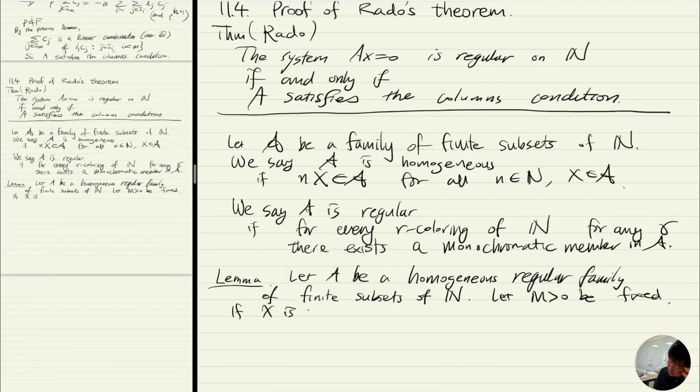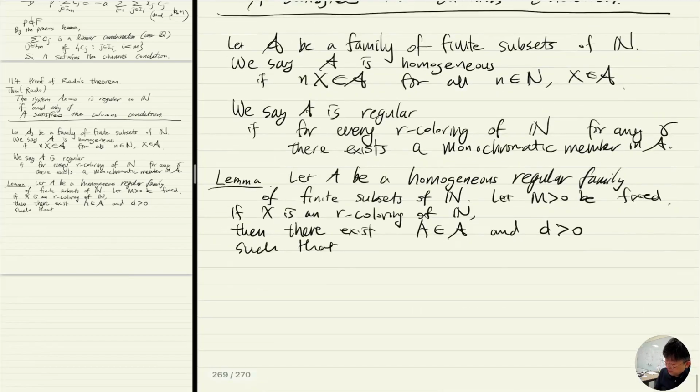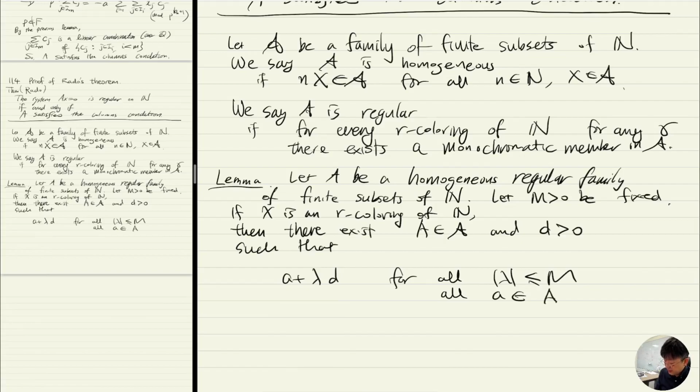If chi is an r-coloring of N, then there exists a subset A in the family and some positive number D, such that A plus lambda D for all lambda less than or equal to M and all A in the subset have the same color.